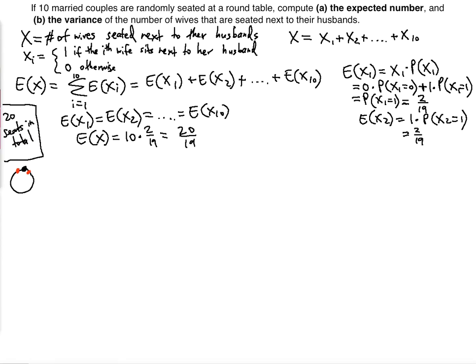So that is the expected number of wives that are seated next to their husbands, right? 20 over 19. So you can expect that a little over 1 wife is seated next to her husband, right? So it means that we expect that at least 1 wife will be seated next to her husband if we look at the couples randomly, right?